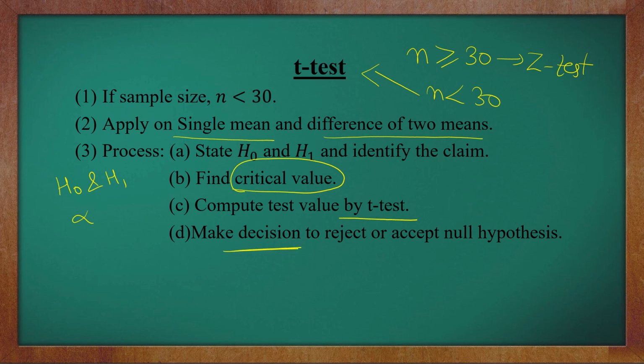In all the tests, please remember, students, these four steps are the same. If you clear all these basic things and learn on what condition which type of test we need to apply, then definitely any problem we can solve very easily.